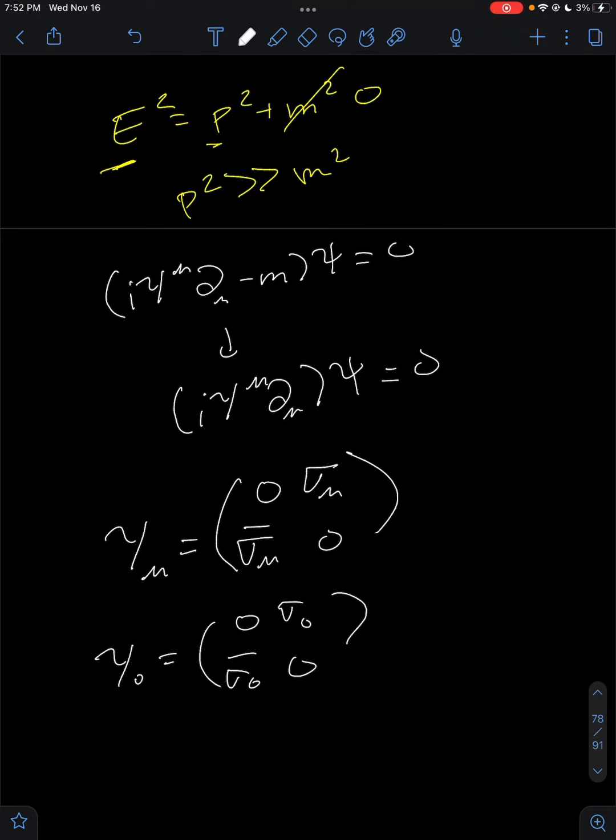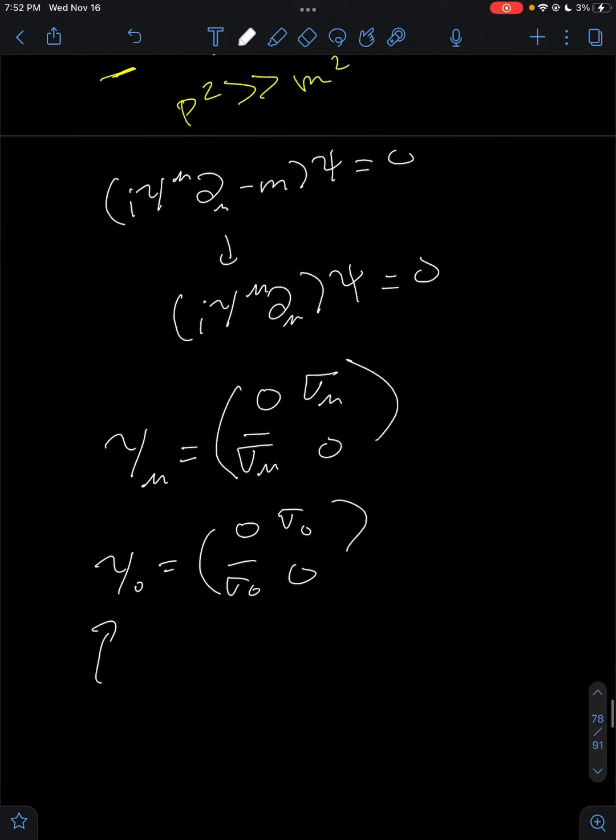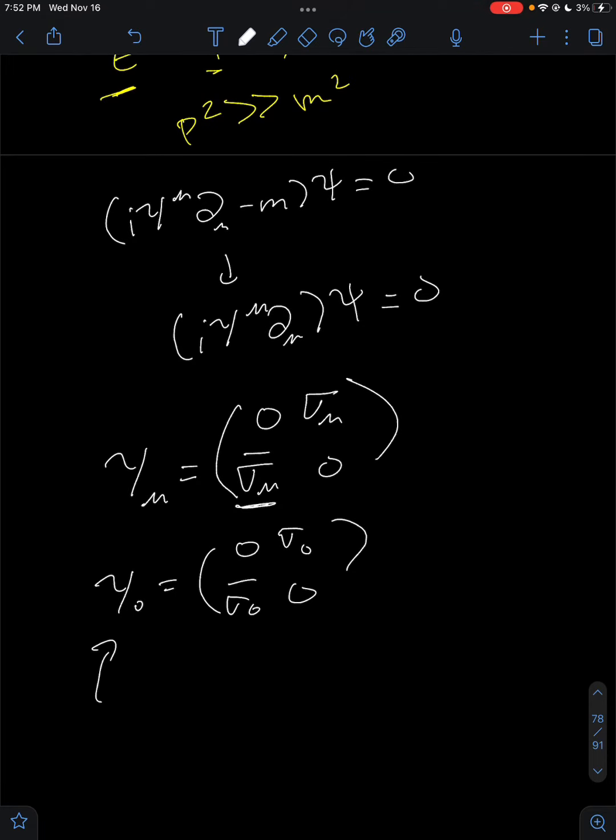Here's the example for mu equals 0. And this bar on top of the Pauli spin matrices just means that we are going to add a negative sign next to those spin matrices.